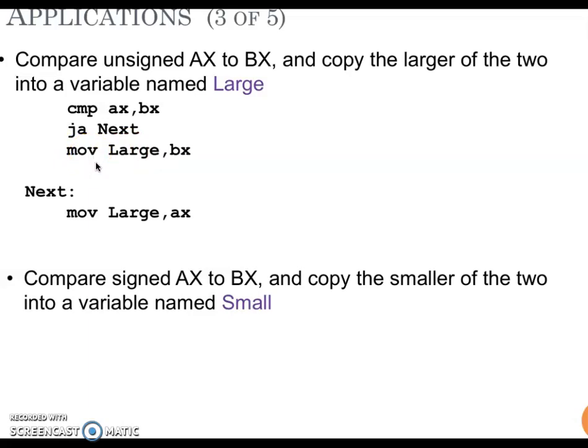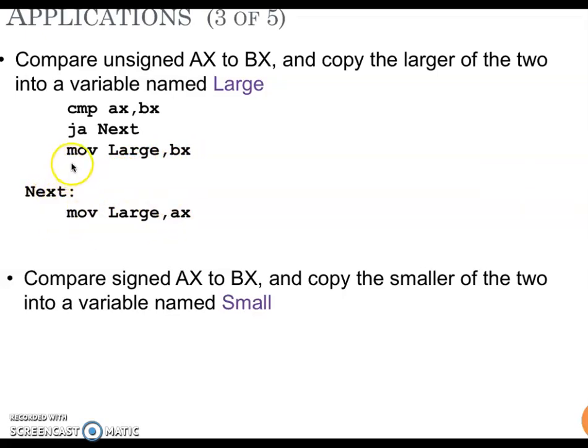You need to be careful, right? Because when you do the jump JA next, your code label should be somewhere after this move BX to large. But if BX is greater and I move it to large, should I continue to this code label? No, right? So we need to find a way, after we copy BX to large, to skip this code label.